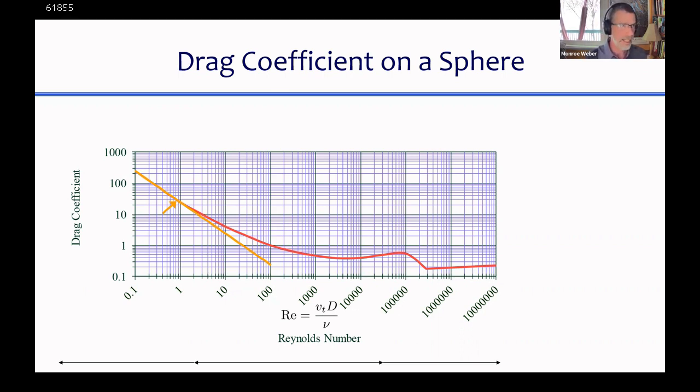And that little bump is when the boundary layer around the sphere gets turbulent. And just because I like fluids, I'll bring in a little aside. This is why, if you play golf, the golf balls are dimpled, because the dimples on the golf ball help the boundary layer transition to being turbulent a little bit earlier than it normally would be.